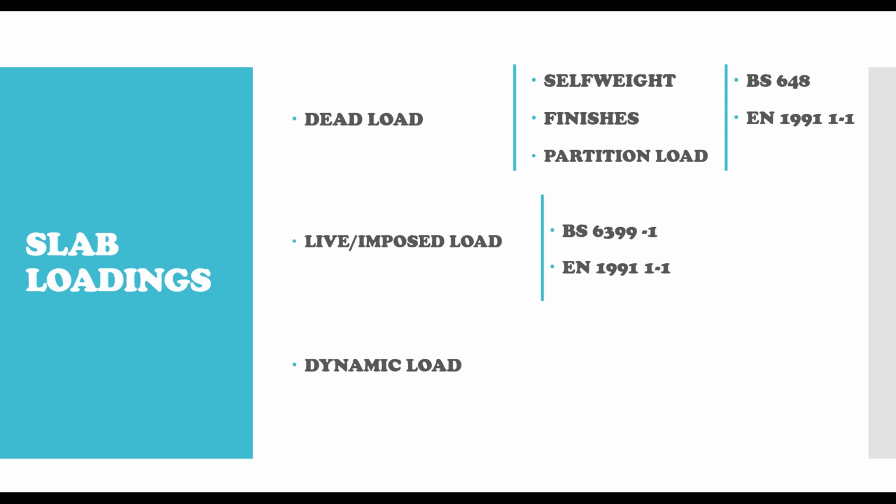Once you are able to determine the dynamicity of the building, if it is within a particular limit, you can analyze the wind load as a static load and then apply it on the structure. But when the dynamicity of the building exceeds a particular limit, which is given in the code, there's no way you can represent that load as a static load. You have to analyze it as a dynamic load.